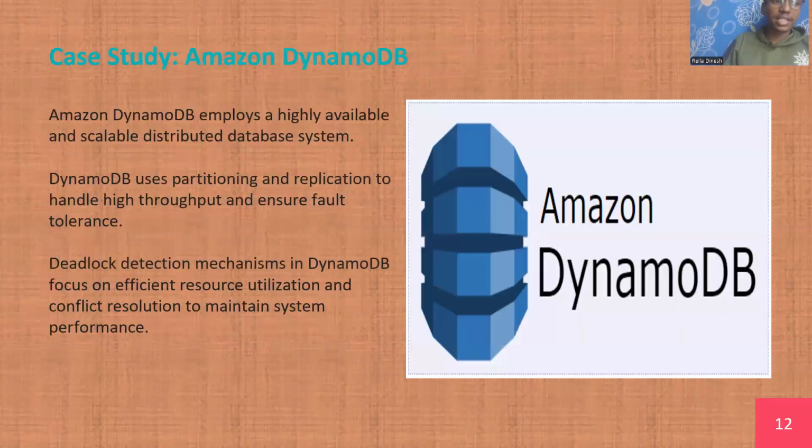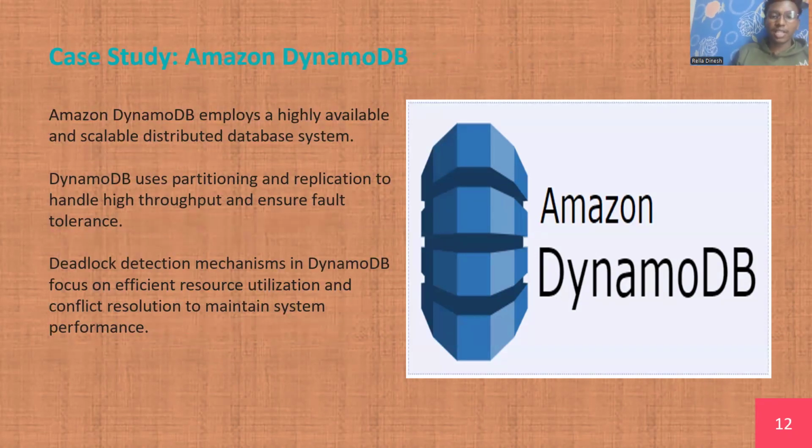Now we'll see the case study. Amazon DynamoDB employs a highly available and scalable distributed database system. DynamoDB uses partitioning and replication to handle high throughput and ensure fault tolerance.